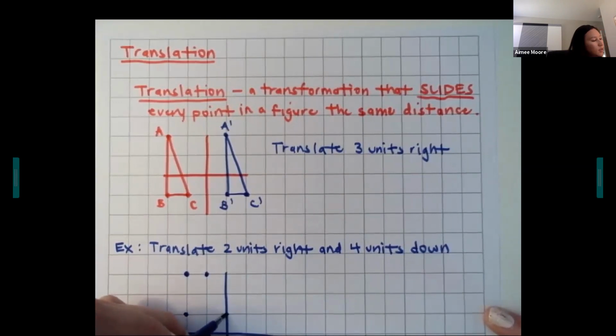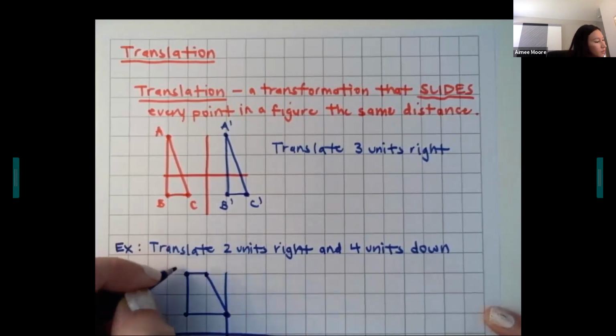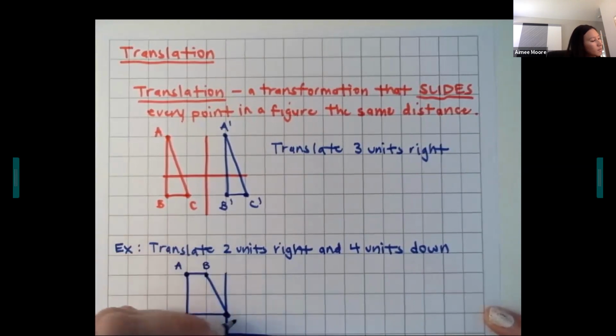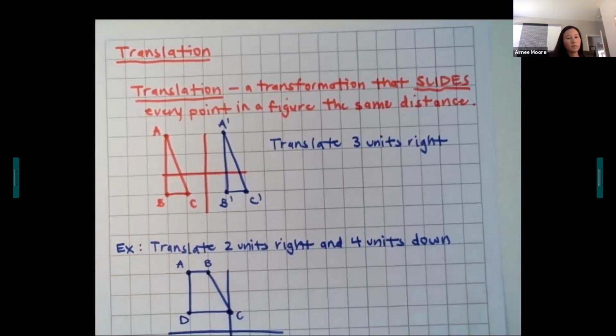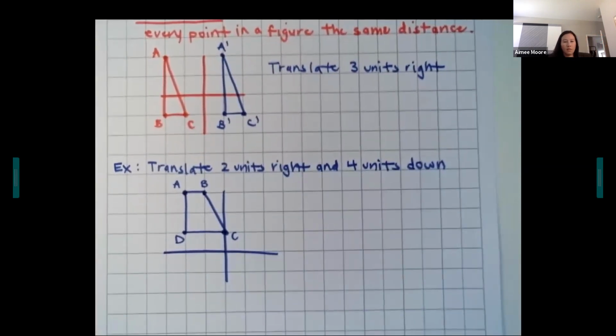And C is at 0, 1. Do you have the graph down or do you need a second?